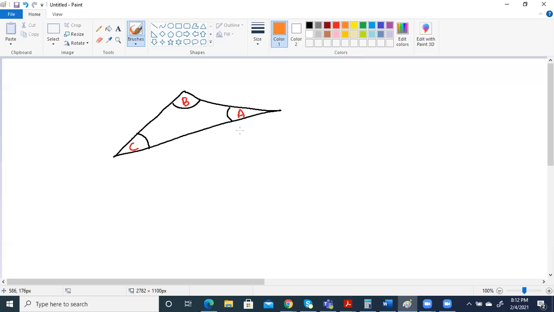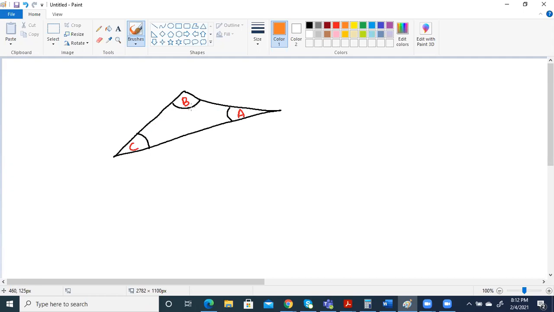So quite like the trig ratios, these rules also express a relationship between the angles and the sides in a triangle. So for the sine rule, I have labeled these angles arbitrarily A, B, and C. Doesn't matter.